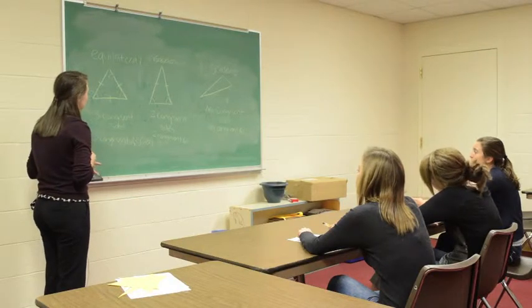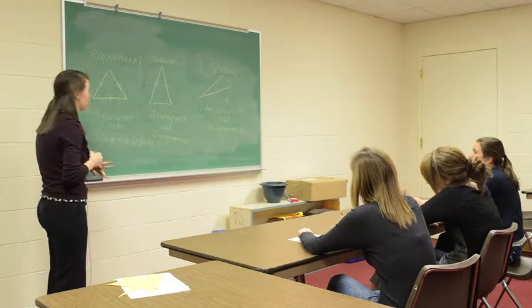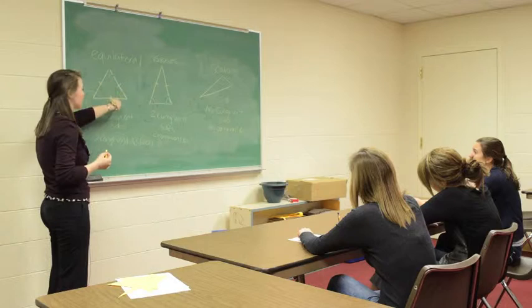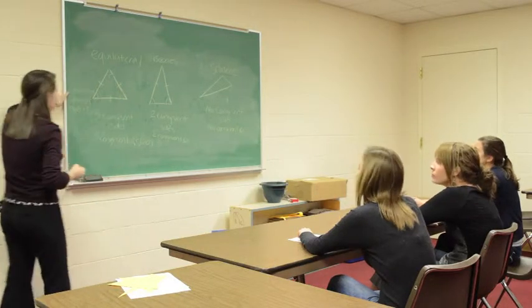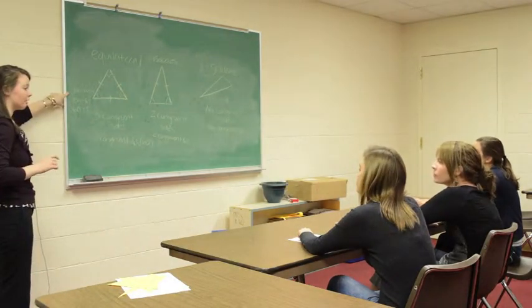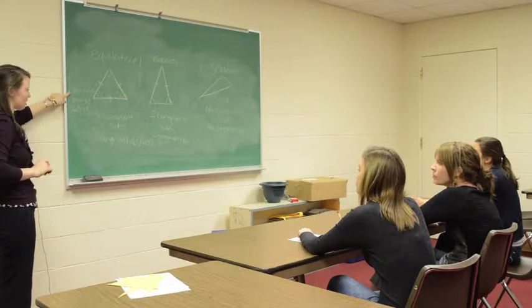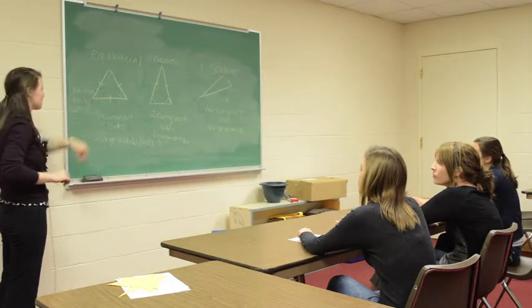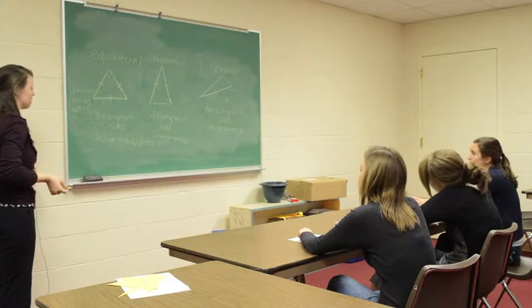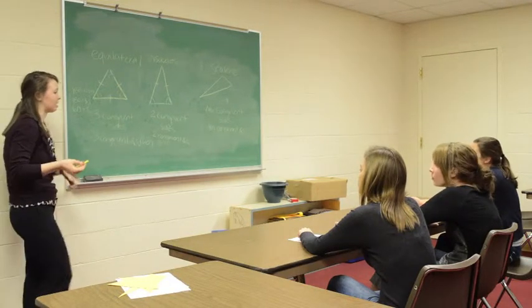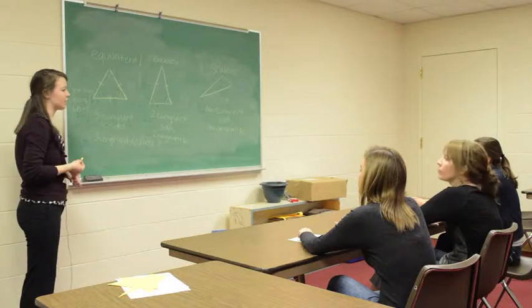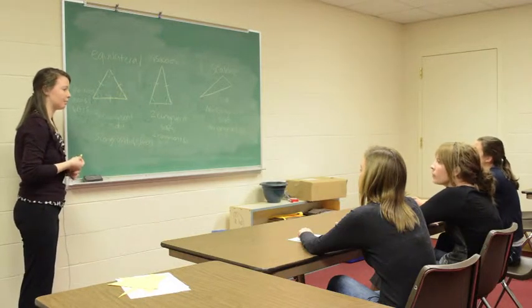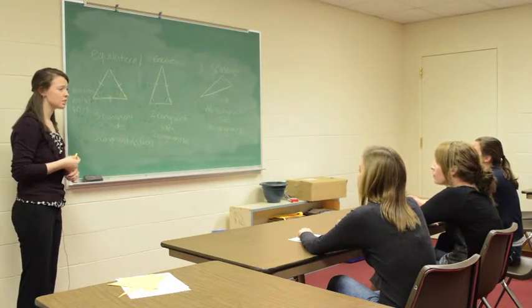Since all of the interior angles of an equilateral triangle are congruent, each one is denoted with the same letter S. So, since we know that the sum of the angles in a triangle is 180 degrees, I set 180 equal to S plus S plus S and used simple algebra to solve for 60 degrees. Each of the angles in an equilateral triangle is 60 degrees, which Anna helped us out with earlier. Okay. Are there any other questions?